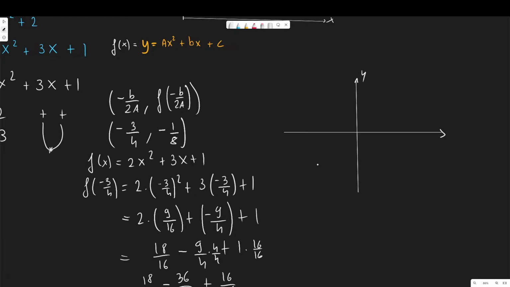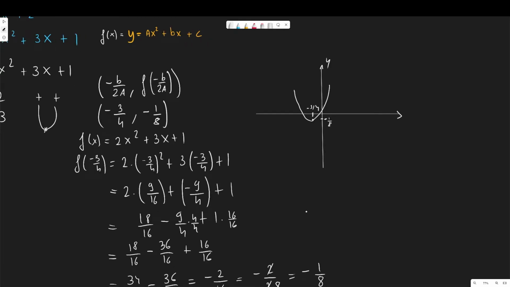So the point negative 3 over 4 will be, for example, around here, negative 3 over 4, and the point negative 1 over 8, well, that will be something over here. Let's call this negative 1 over 8. So our lowest point will be this right here, and now we're just going to have to draw a convex parabola like this. So this is our solution.